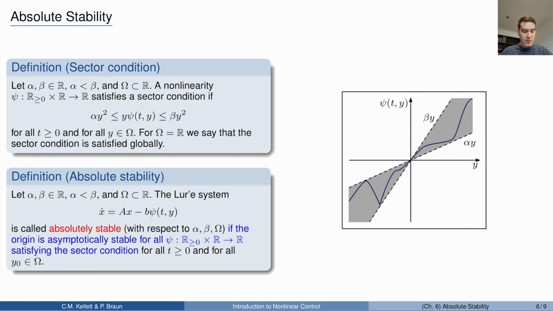Okay, well, we have seen asymptotic stability definitions.